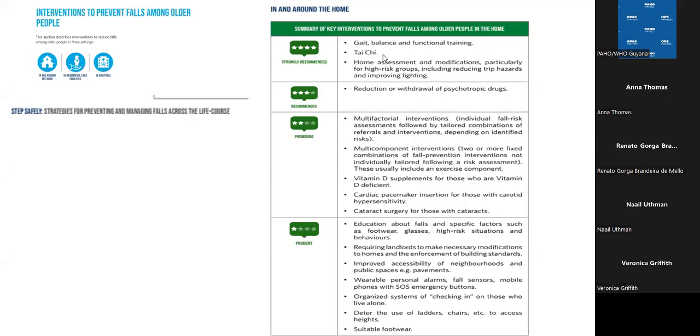And with it, we have to perform home assessment and modifications, particularly for high-risk groups, including reducing trip hazards and improving lighting. We have to reduce or withdraw psychotropic drugs. We have to prescribe multifactorial intervention such as exercise, medication review, and so on.